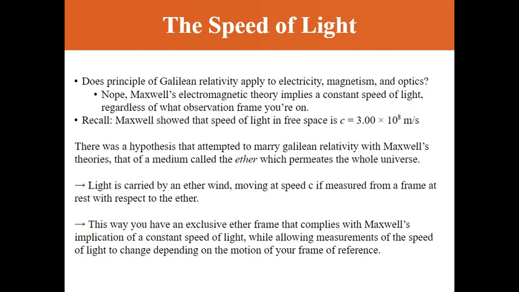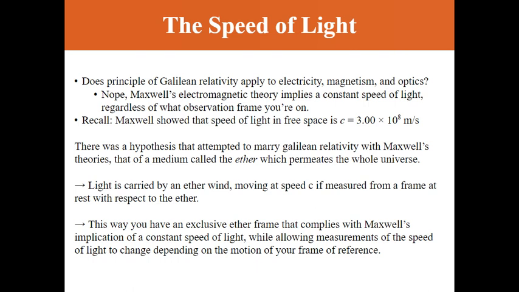So rather than trying to throw away Galilean relativity and think of something else that can satisfy this idea of light speed being constant when we expect that all speeds are always relative to your frame of reference, they thought that they could maybe marry both ideas by hypothesizing a new medium called the ether, which basically permeates the whole universe.